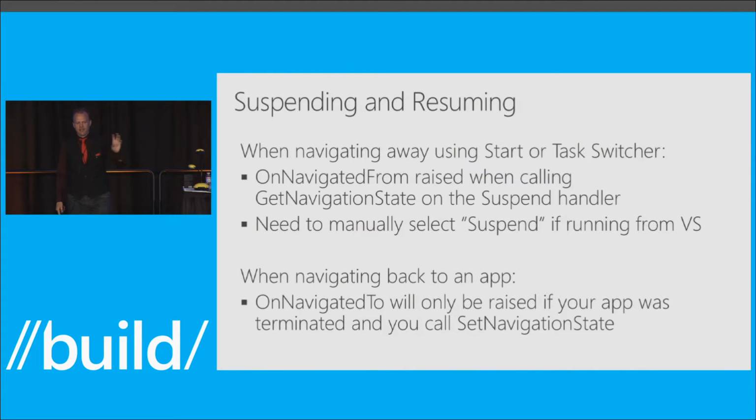So the on navigated to will not happen unless you call the set navigation state. When that happens, the navigation will actually happen as well. So if you do this with the activated and suspend handler, if you call that function, you will get an on navigated to.